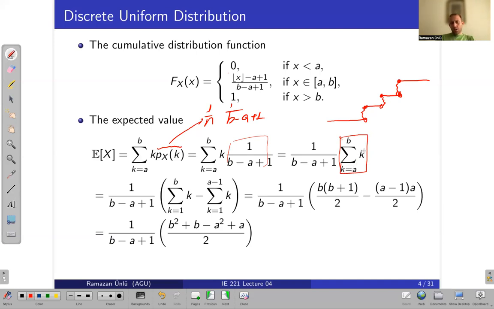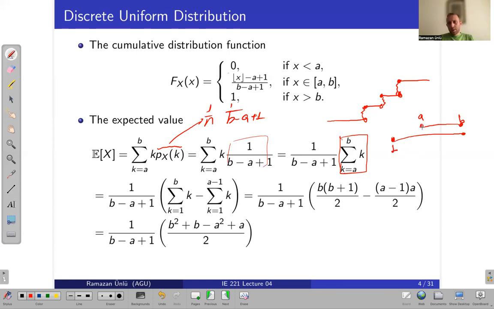So in this case, k will take the values starting from A to B, right? But I can rewrite this one as this one, right? So let me show. This is the point A. This is the point B. It will take this one. Let's say this is point 1.